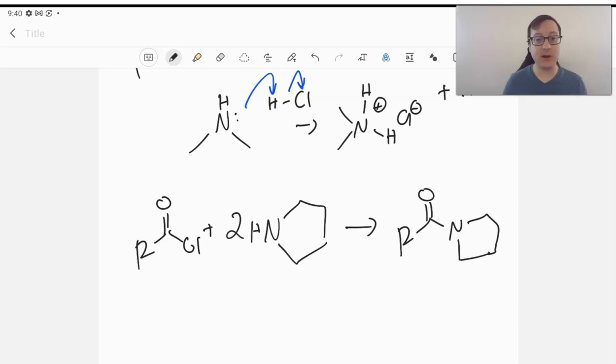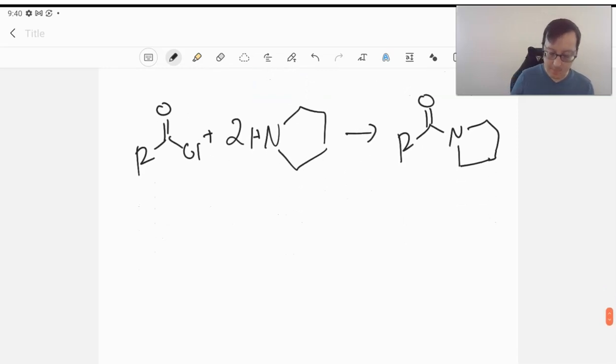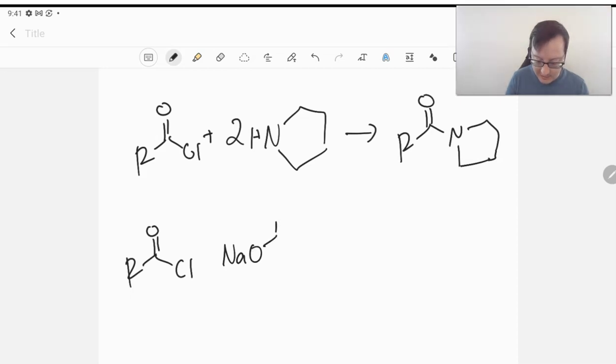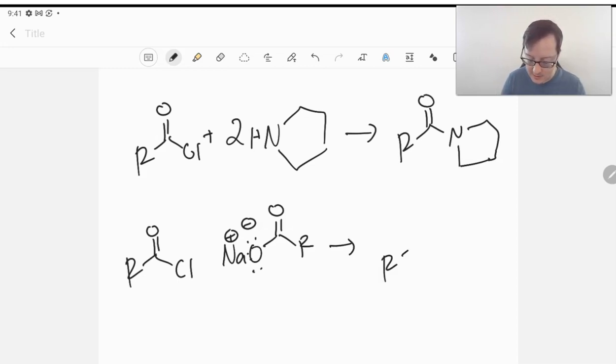We can also turn acid chlorides into anhydrides. That's not a functional group we've seen yet, but here we go. Because they are so reactive, if we take a carboxylate, the carboxylate is nucleophilic enough that it can go ahead and attack, kicking out the chlorine like with all of our other mechanisms, and we will make what's called an anhydride.